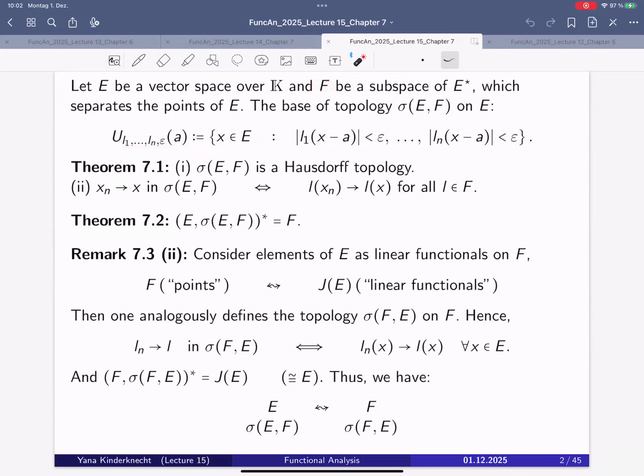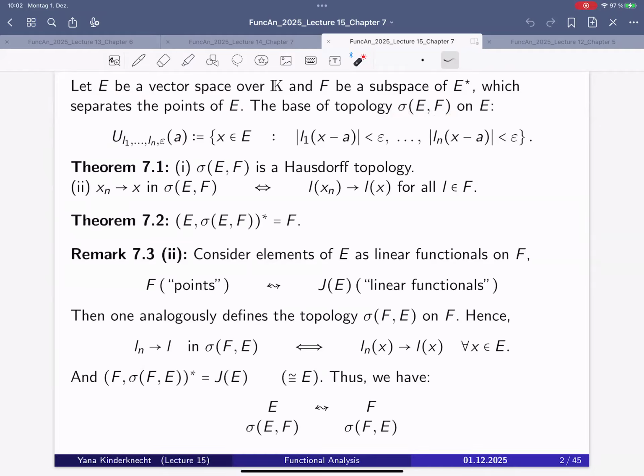That is, it is all points in E such that these finitely many inequalities are true. And we have proved last time that these basic sets, basic neighborhoods of points, give us a topology, which is all open sets, and these are arbitrary unions of such basic sets.